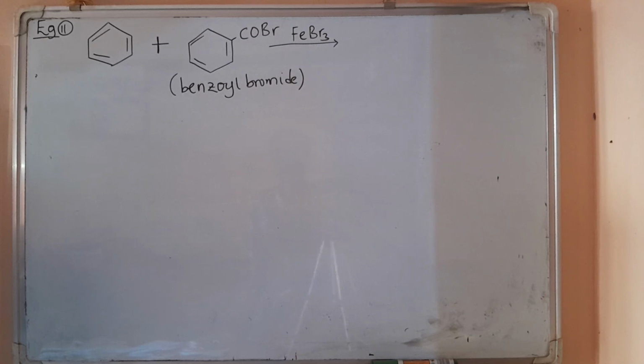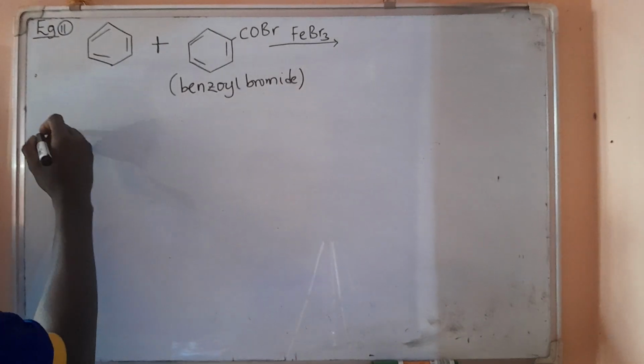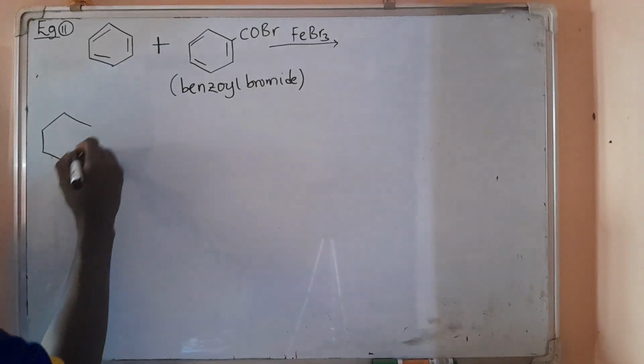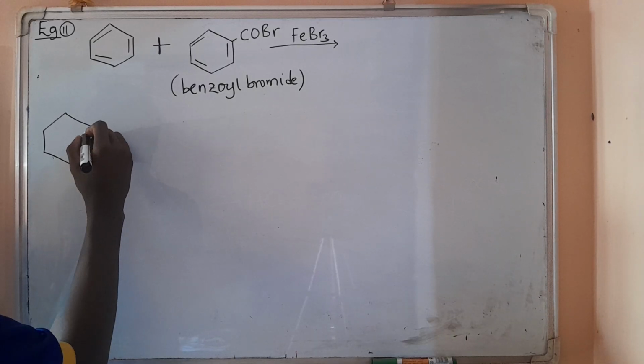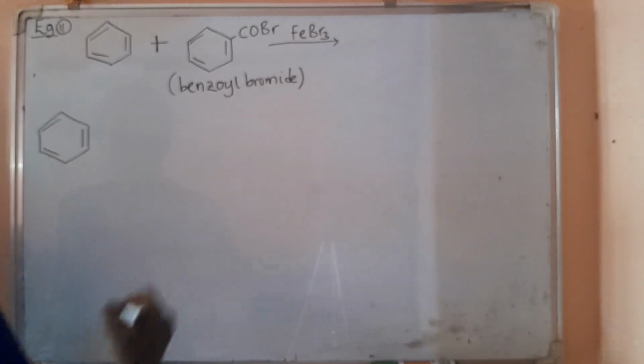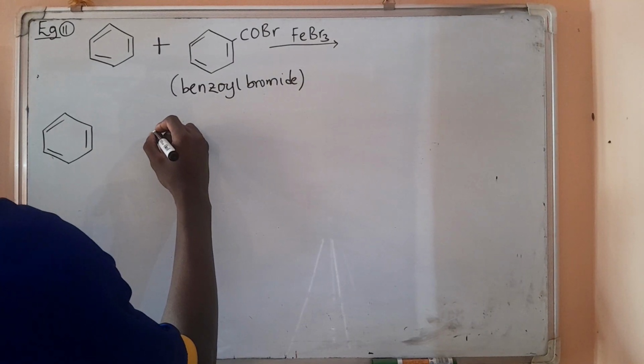Now that you know those approaches, allow me to use only one approach. So we have our benzene ring. This is my benzene ring. I want to react this benzene with the benzoyl bromide.